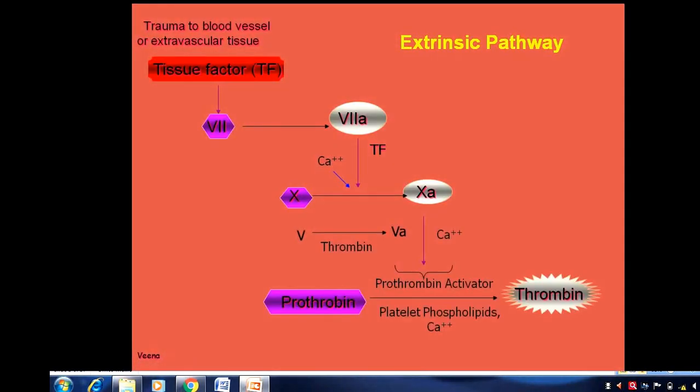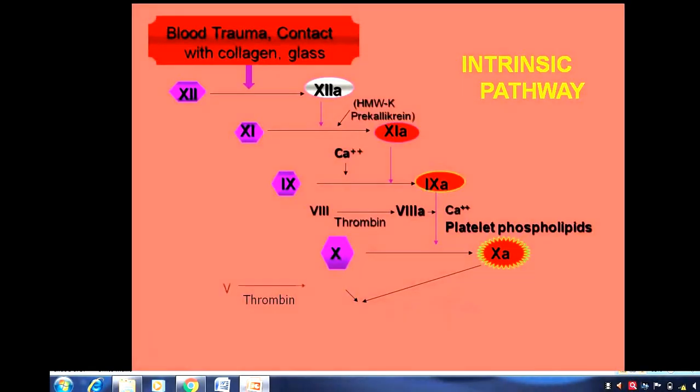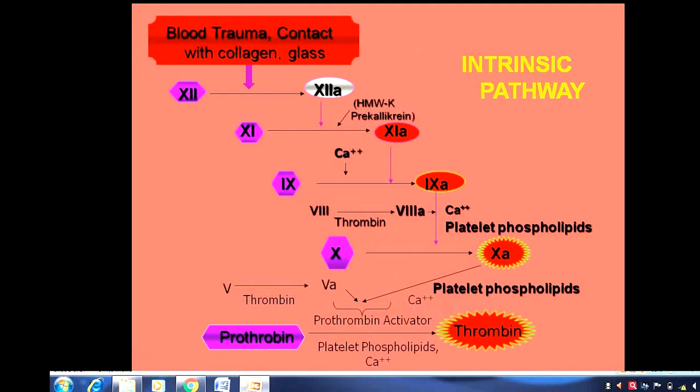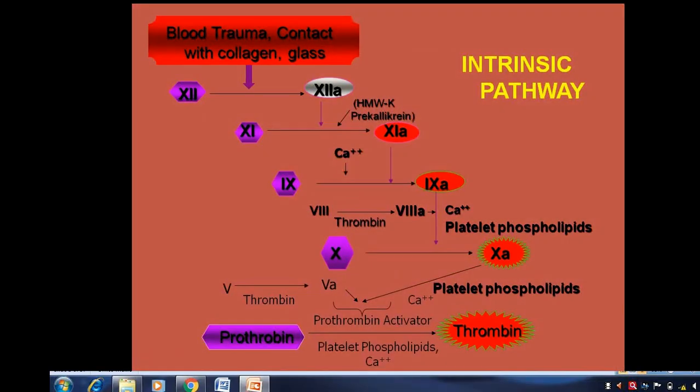This is a similar presentation which is given in our book: the extrinsic pathway, intrinsic pathway, common pathway and conversion of prothrombin into thrombin. This is the intrinsic pathway, where we see the conversion of prothrombin into thrombin by activation of the cascade mechanism via the intrinsic pathway.